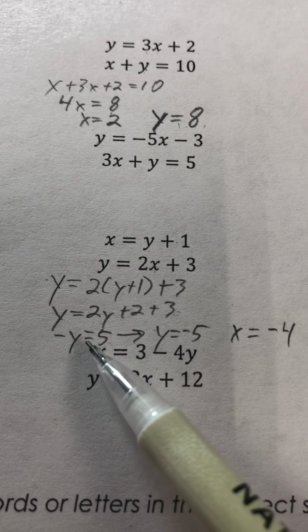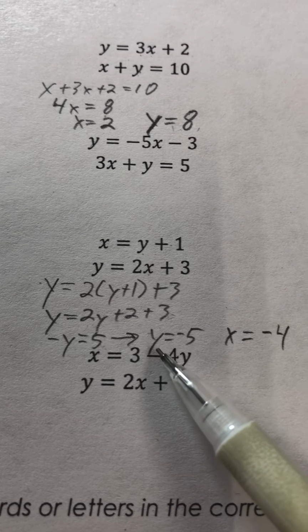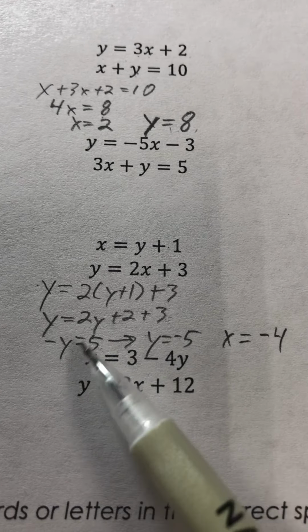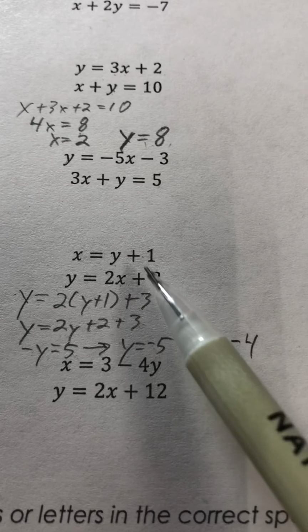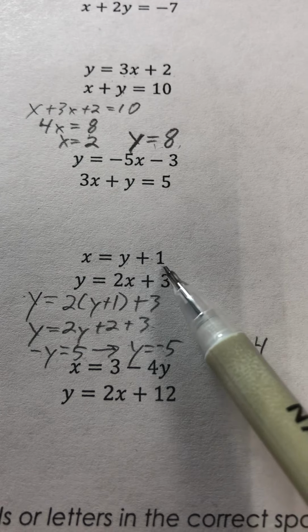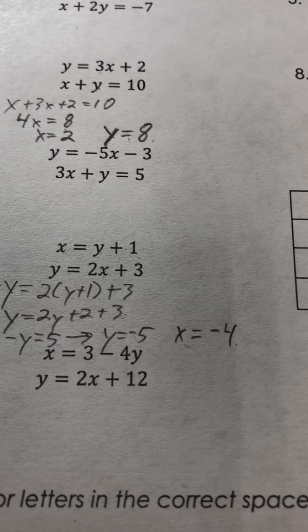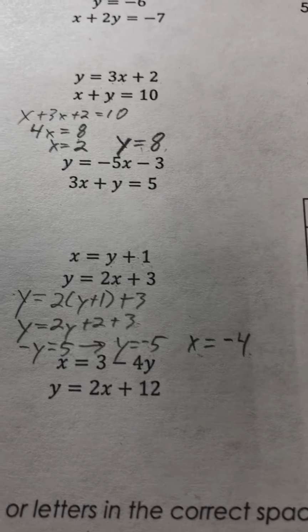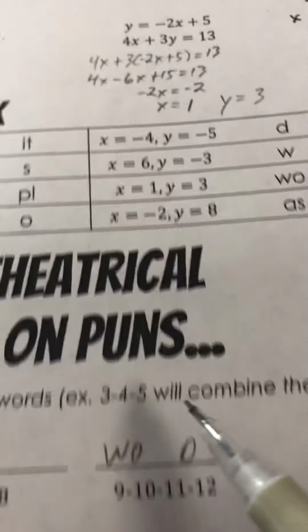And I got -y equals 5. And so I multiplied both sides by -1, or I just got rid of the sign. So if I change this sign to the opposite too, I get y equals -5. When I throw in -5 here, -5 plus 4 plus 1 is -4. That's why my x is -4. Okay, and so you should get -4, -5, D.